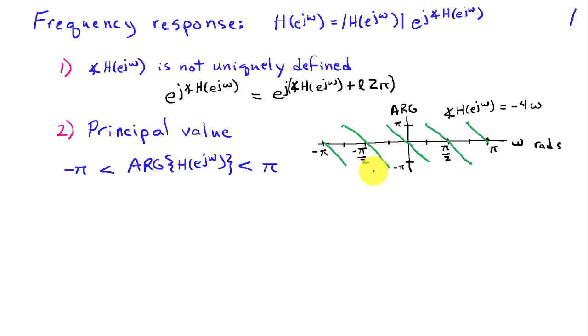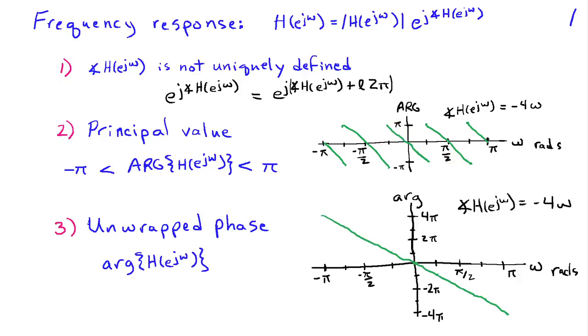But if we take the principal value of the phase, then it looks like this green curve here, where it starts at 0 and then goes negative, and then there's a jump of 2 pi, and then it has again a slope of negative 4, and we get another jump of 2 pi, and so on.